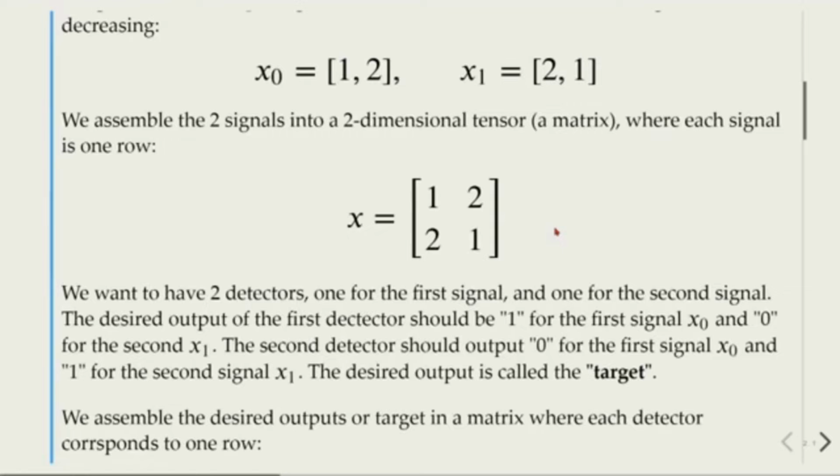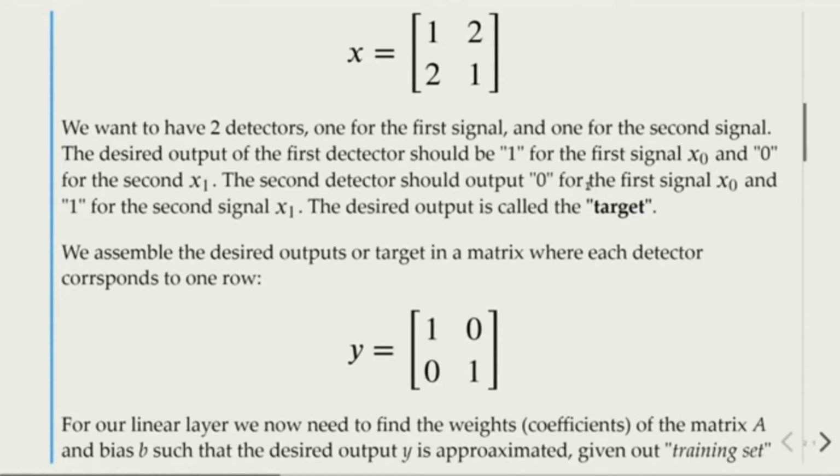We want to have two detectors, one for the first signal and one for the second signal. The desired output of the first detector should be 1 for the first signal x0 and 0 for the second x1. On the other hand, the second detector should output 0 for the first signal x0 and 1 for the second signal x1. The desired output is also called target in deep learning, machine learning, neural networks nomenclature.